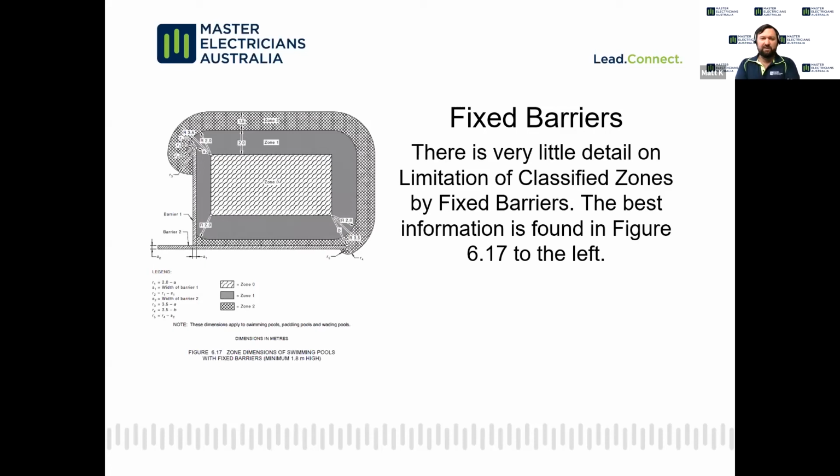Okay, so we need a panel of not less than IPX4, and then we can put our spa pumps or whatever behind that. Generally these are purpose-built bits of kit, and they've got a specific IP rating. There is allowance for those in the standard, in the wiring rules.